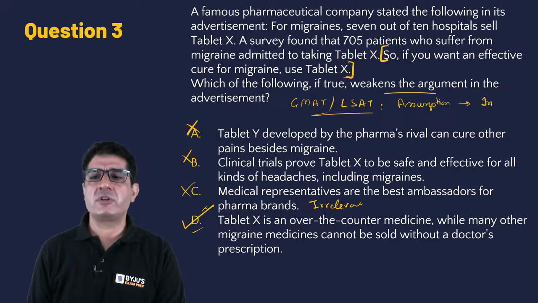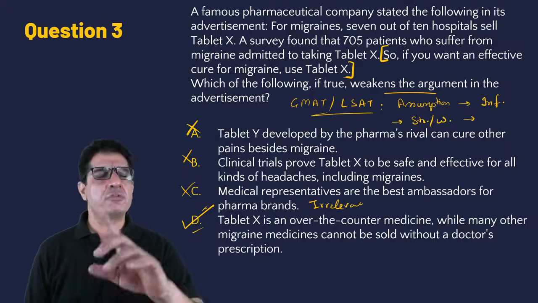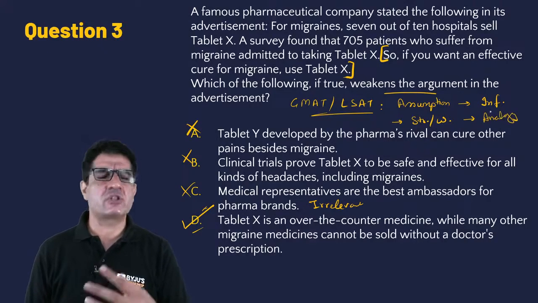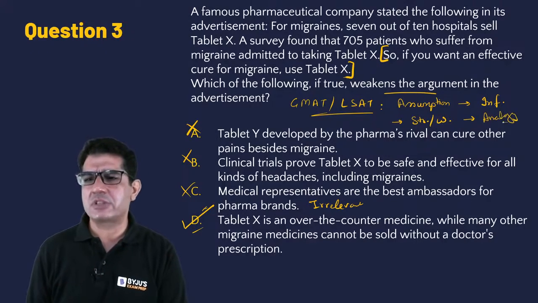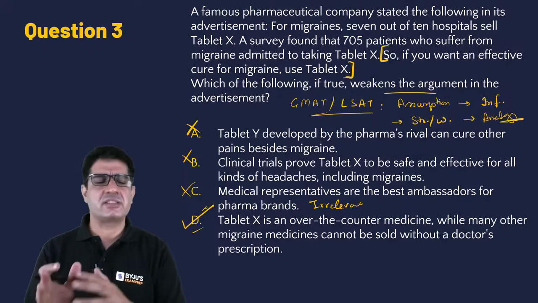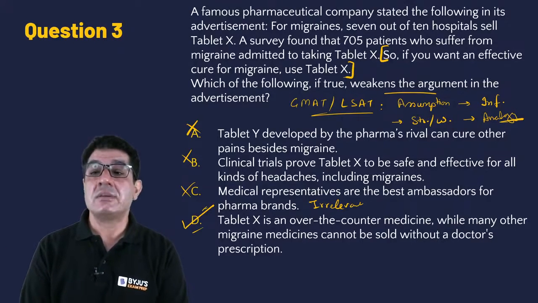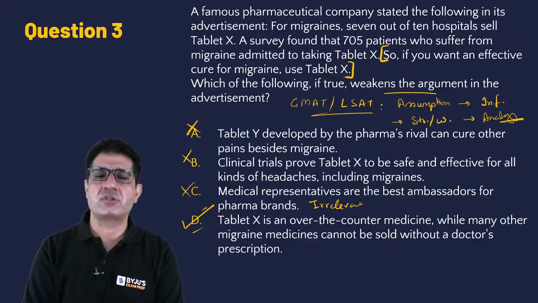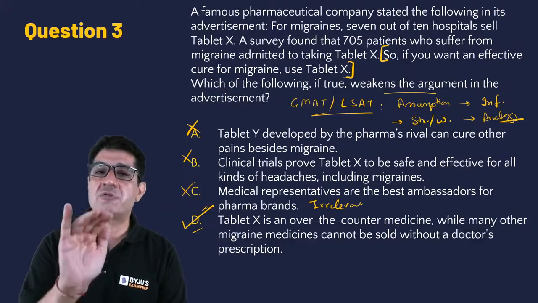After that, move over to inference based questions, then solve strengthening and weakening questions, and then the fourth and the last question type that I want you to master here is parallel structure argument questions or analogous argument questions. I'm just writing that as analogy because of the space constraints, because these 5 things: assumption, inference, strengthen, weaken, and analogous argument, these are the 5 that we need for CAT RC.